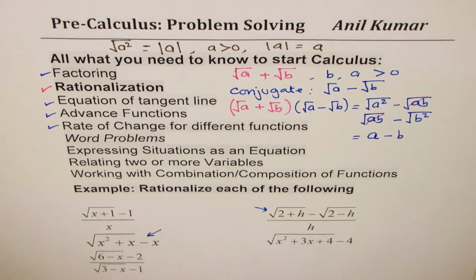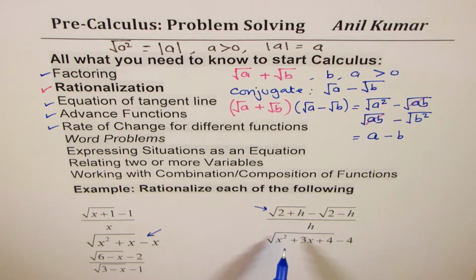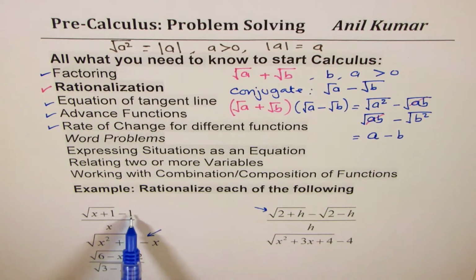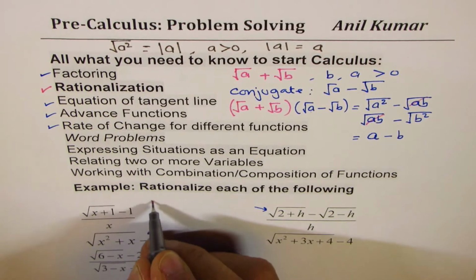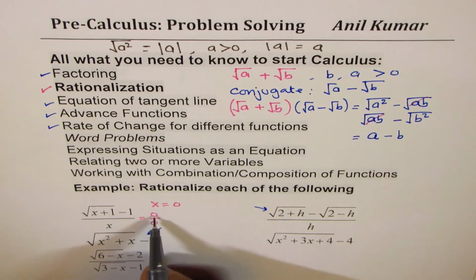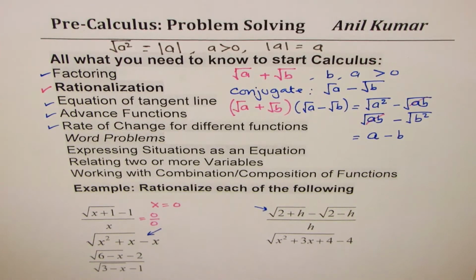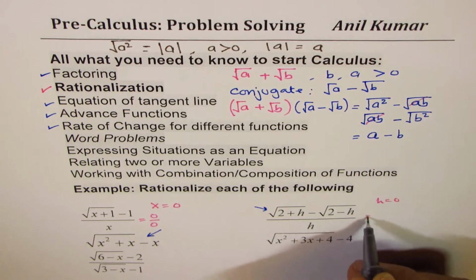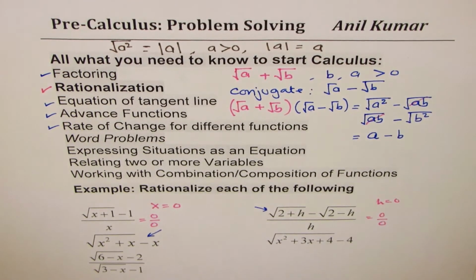Our emphasis here will be how each of these expressions will be applied in calculus. To give you an idea, if I write x equals 0, then what do we get? We get square root of 1 minus 1, which is 0. 0 over 0 is not defined, correct? So if I substitute x equals 0, this expression equals 0 over 0, which is not defined. Correct? Here also, if I substitute h equals 0, I get 0 over 0, which is not defined.